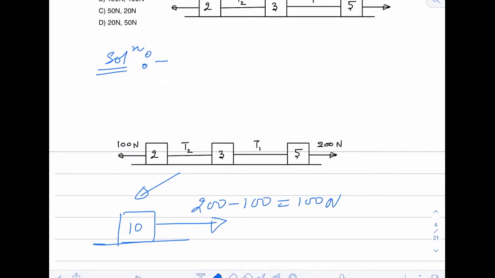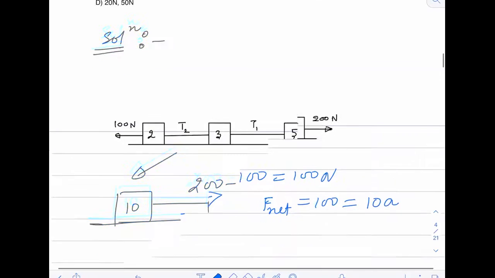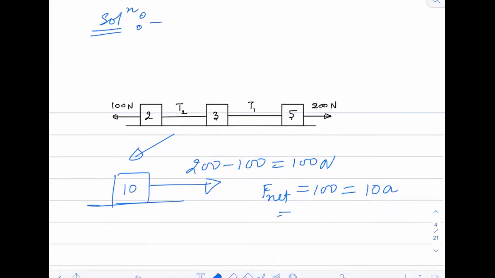Now, I have a force of 100 Newton, a body of 10 kilogram and acceleration A. So this is how I write Newton's second law. From here, I can say that the acceleration is 10 meters per second square.